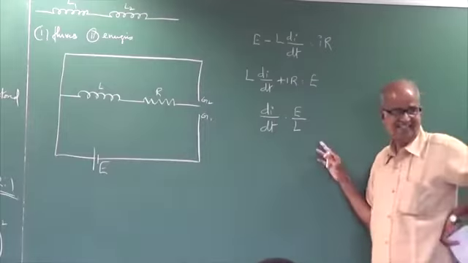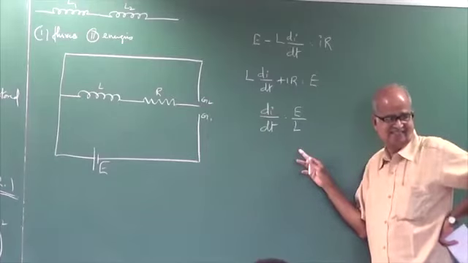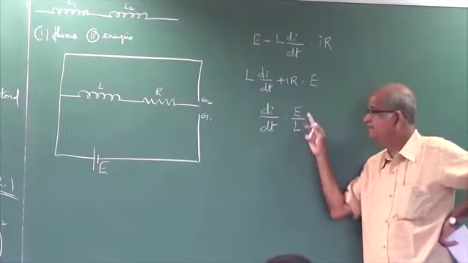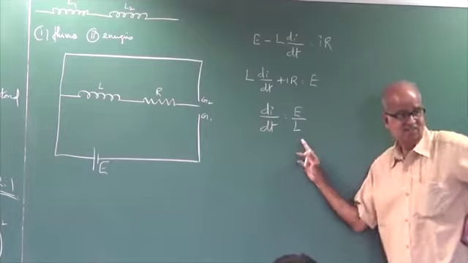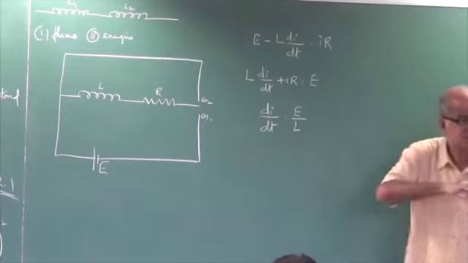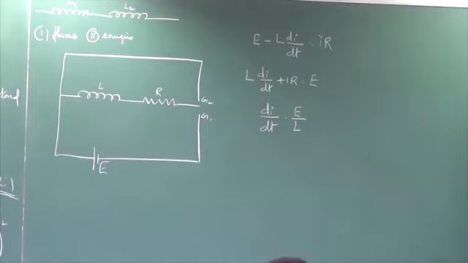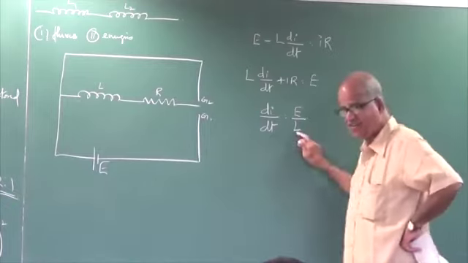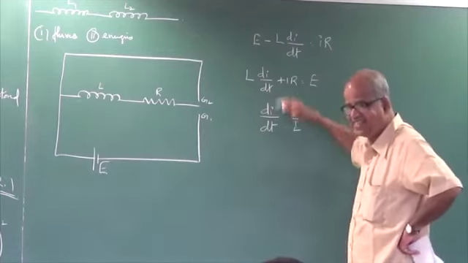In this case the rate of change of current is determined by the applied voltage as well as the inductance. Larger the inductance, slower is the growth. You see? Larger the inductance, slower is the growth. Smaller the inductance, faster is the growth.